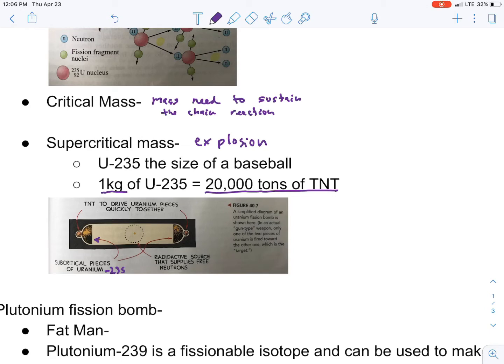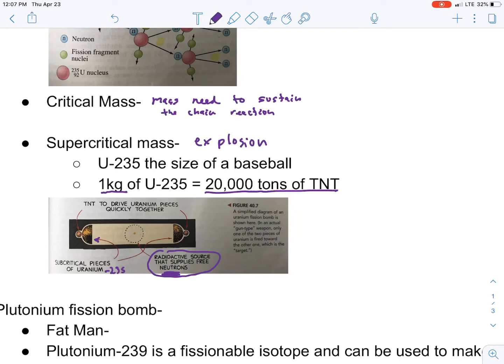Now, they also have some radioactive sources for neutrons in the middle. They wouldn't need it if it was 235, I wouldn't think, but this is going to speed up the reaction even faster. All right, and so they jam these 2 pieces together. Now the mass of the uranium becomes above critical mass, up to supercritical mass, and voila, that is the atomic bomb. Very simple design.